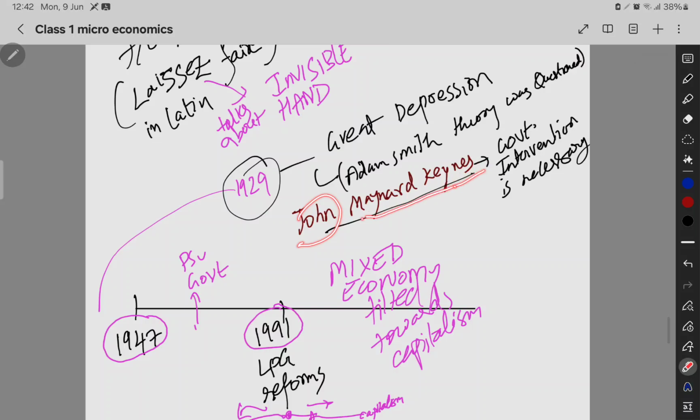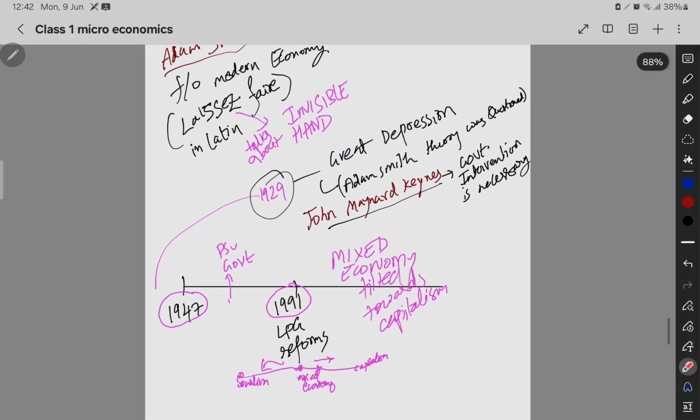John Maynard Keynes said that government intervention is necessary. That was in 1929, the period of the Great Depression where Adam Smith's theory was questioned, and John Maynard Keynes recommended that government intervention is necessary.